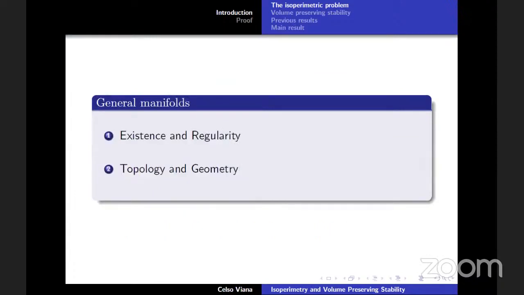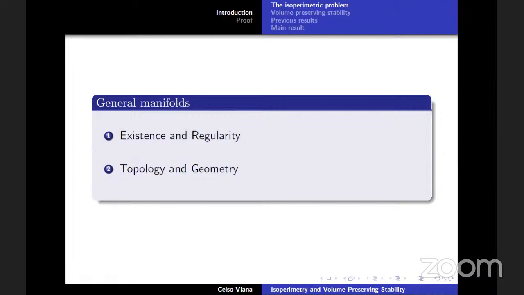The first concerns the existence and also the regularity of these minimizers for this variational problem. The other aspect, and this is the aspect we're going to focus on in this talk, is the classification of these isoperimetric hypersurfaces in terms of topology and geometry.